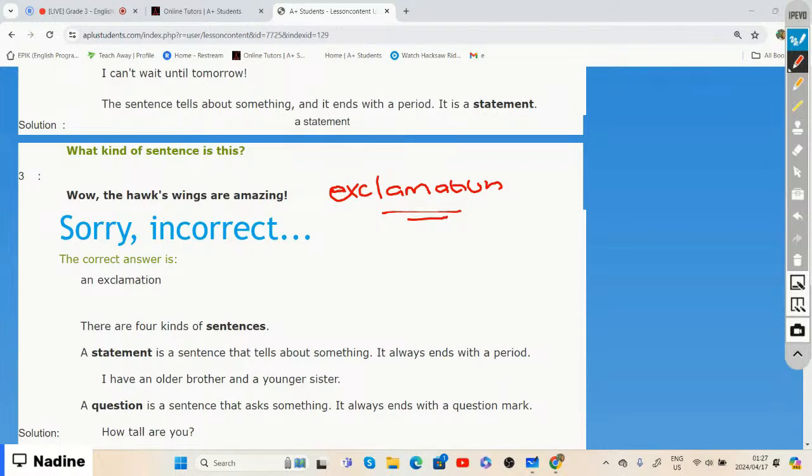All right. So now we see that that is an exclamation sentence, right?